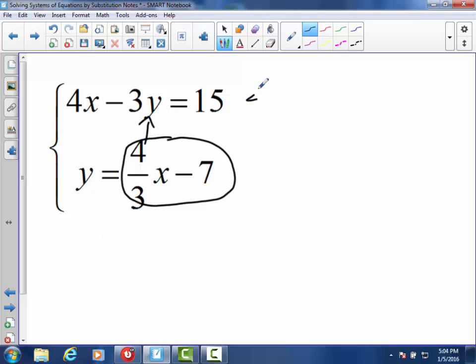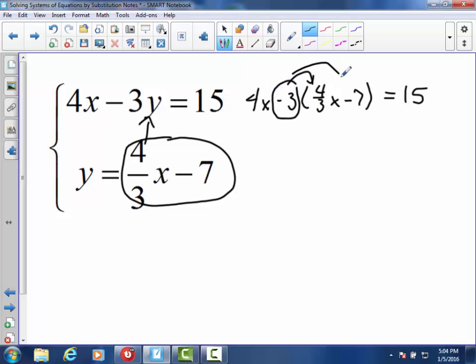So that's going to be 4x minus 3 times (4/3 x minus 7) equals 15. Then we'll take this -3 out front and we will distribute it to everything inside the parentheses.